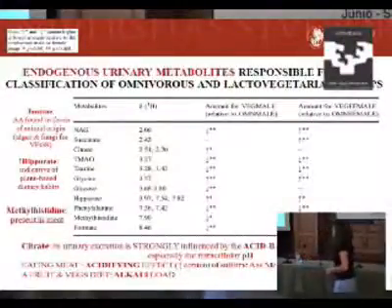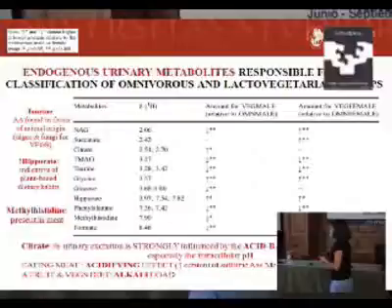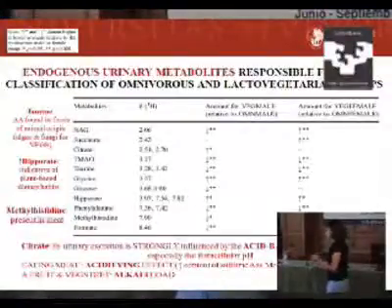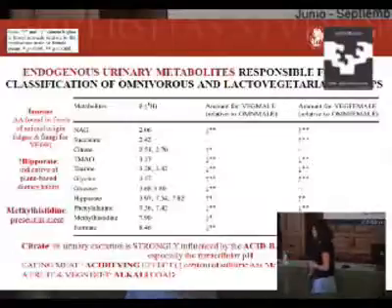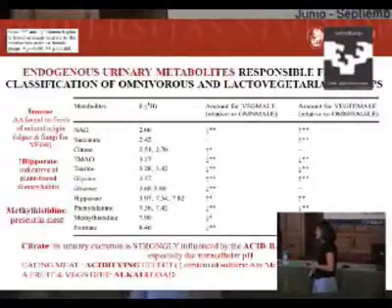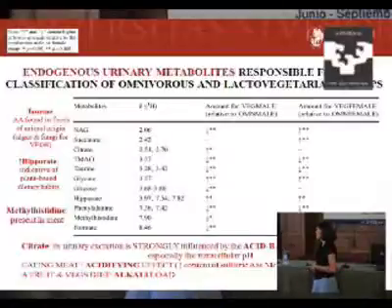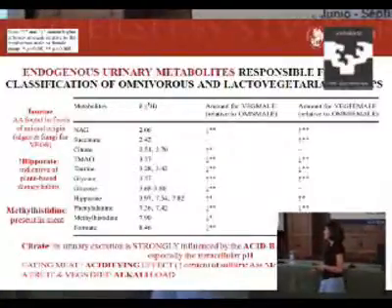And here you have the main metabolites that were changing and were responsible for this classification, and among them, for example, I would point out the amino acid taurine, which is found mainly in foods of animal origin. And of course, it was decreased in the lacto-vegetarians.